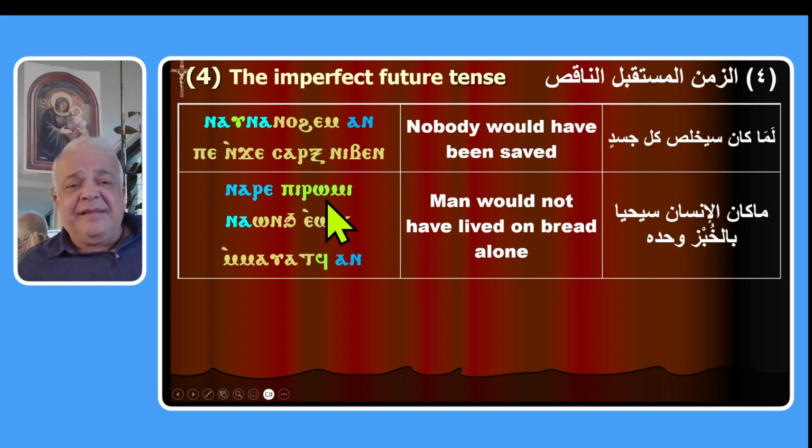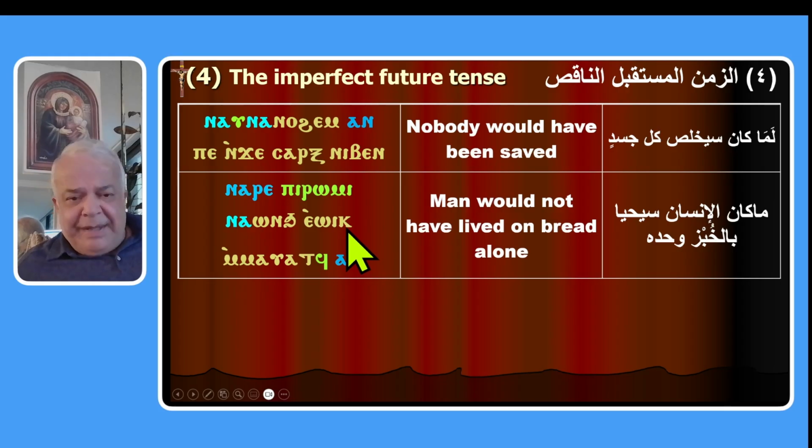Let's say that sentence in Coptic. Nare, here a complete verb, which means to do. Nare, no doing. Piromi, nobody. Na onch will live. A with the genkim, that's the object article, talking about everybody.